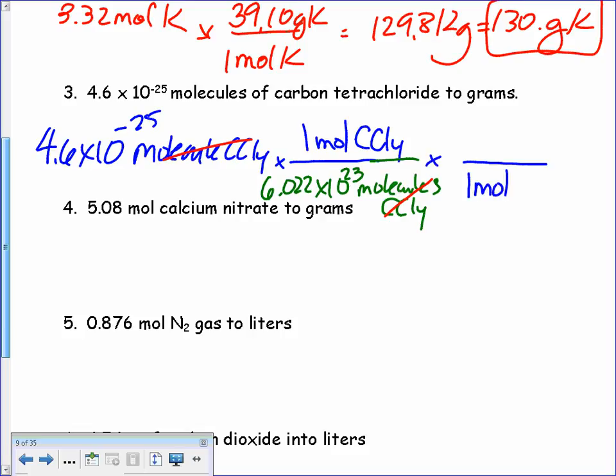So the unit on top tells you what to cancel, right? It's not a game. This has to be canceled, so you have to put 1 mole of carbon tetrachloride on the bottom. And I think we already added that up. It was 153.8.